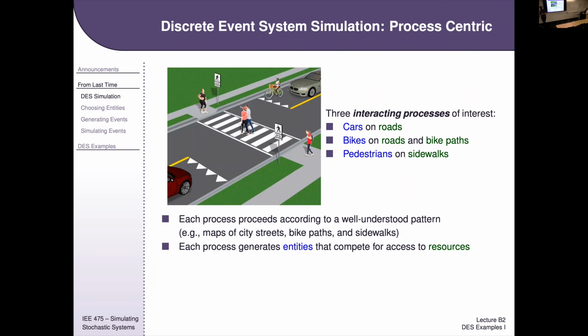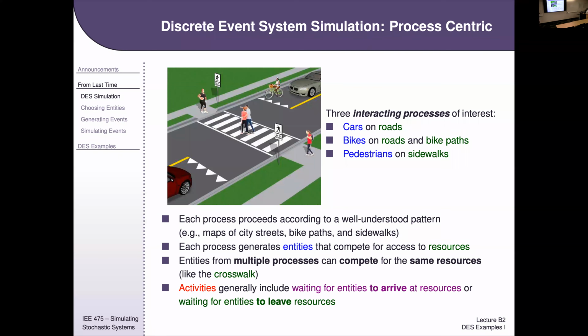We could also model the distribution of time it takes for a car to cross that crosswalk, and while a car is crossing, a pedestrian won't be able to use it. So those interacting processes come together over the common resources they compete for, and those are the types of models we're building here.